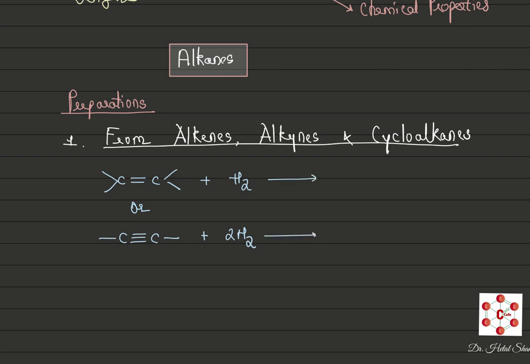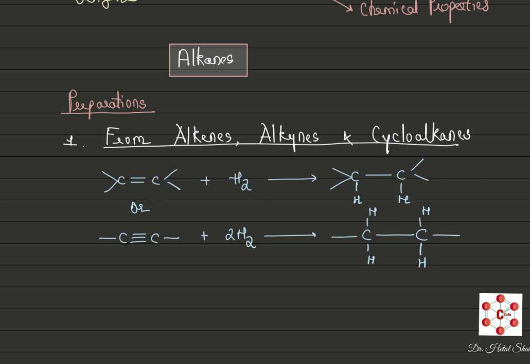And what you get is C, H and H, and here you get C, H, H, H, H. So you can see that for every pi bond broken, you give one hydrogen to this carbon and one hydrogen to this carbon. Here there are two pi bonds broken. So for every one pi bond you allot one hydrogen. Two pi bonds broken, you have to give two hydrogens.